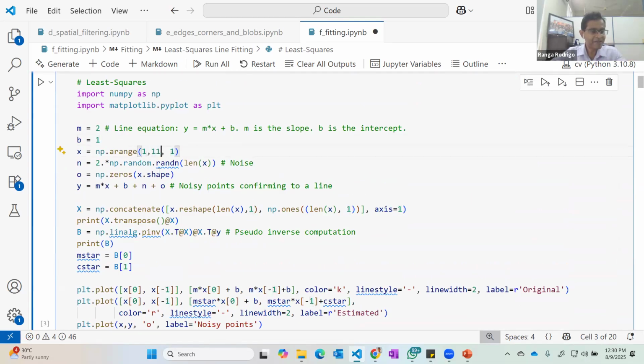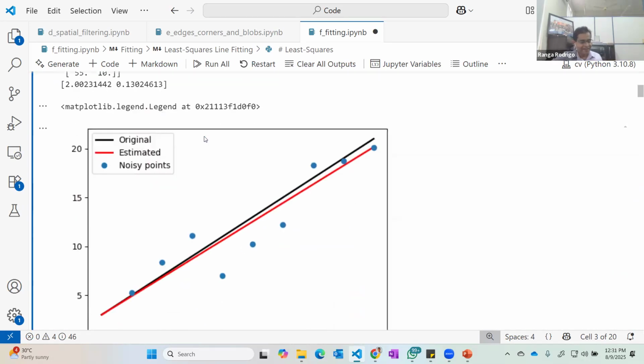But you can see the problem here. When a small number of points are there, it seriously gets affected by noise. But generally okay.